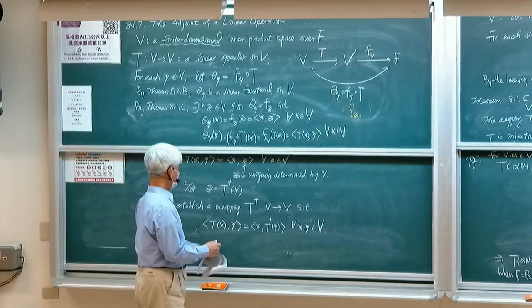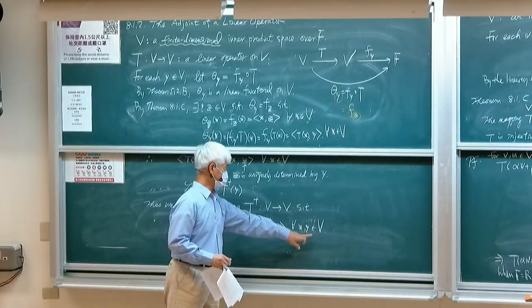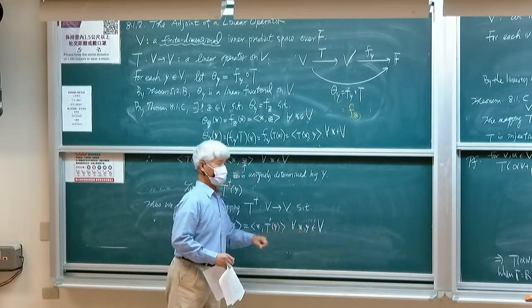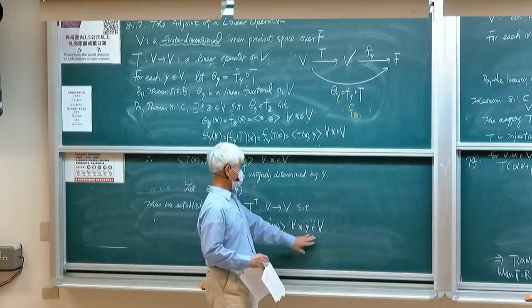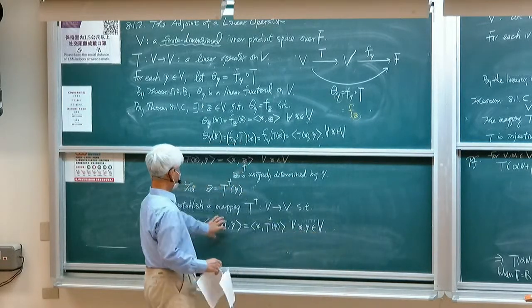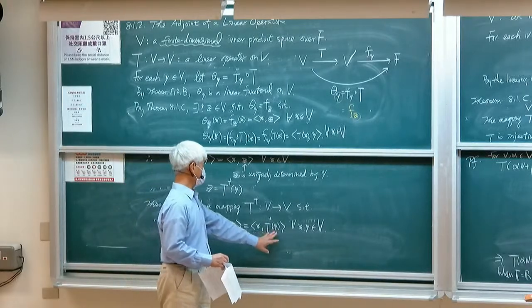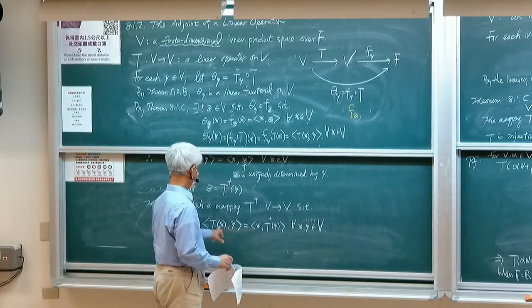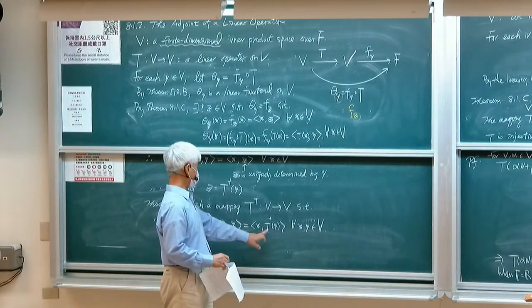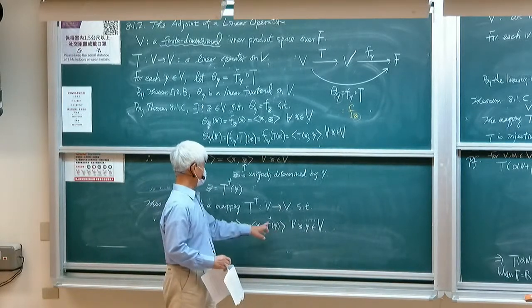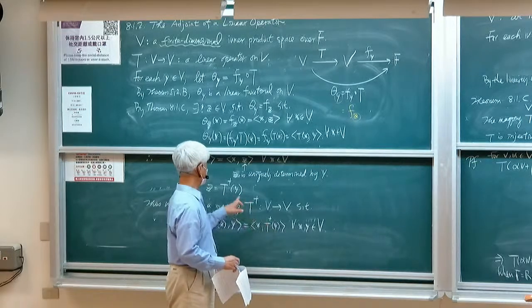So whenever you have x and y arbitrary vectors in the finite dimensional inner product space V, then this inner product is equal to another inner product. But here we have x here, but the y has been replaced by T dagger y, meaning the z here.